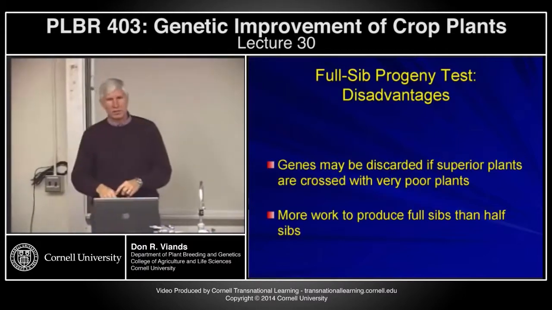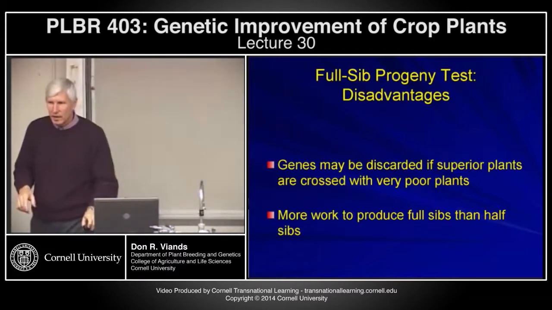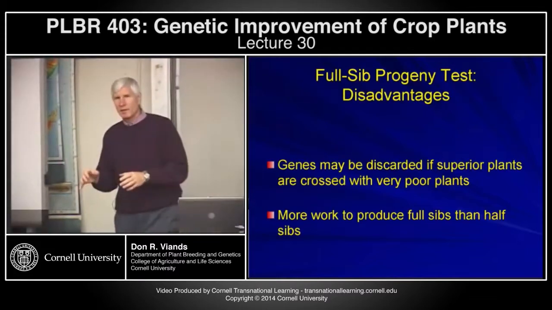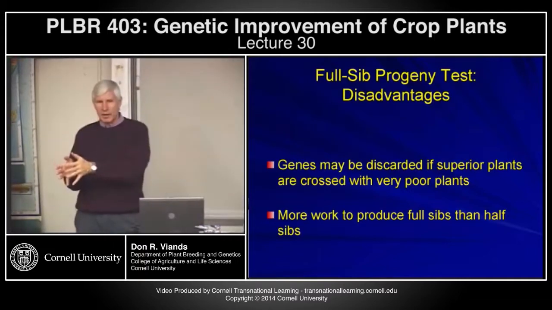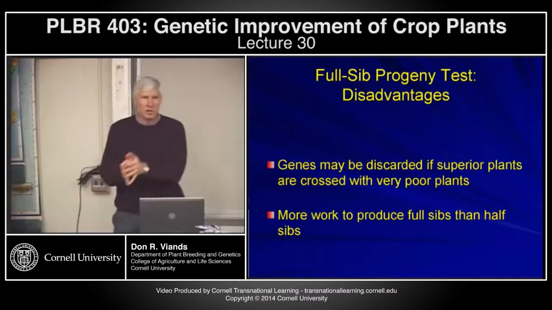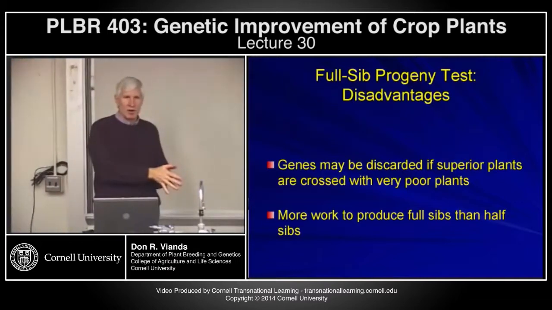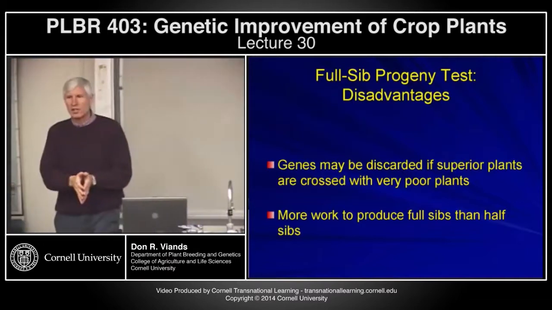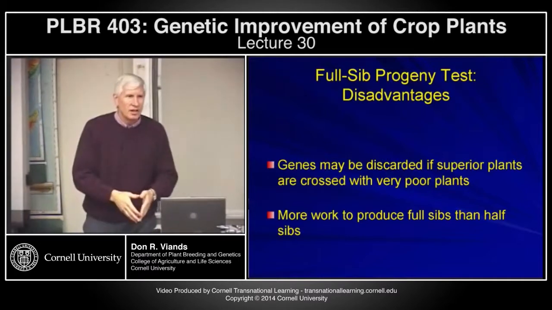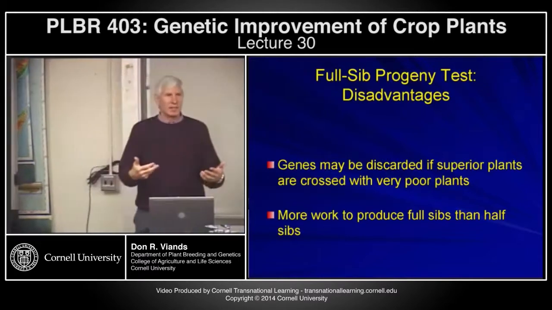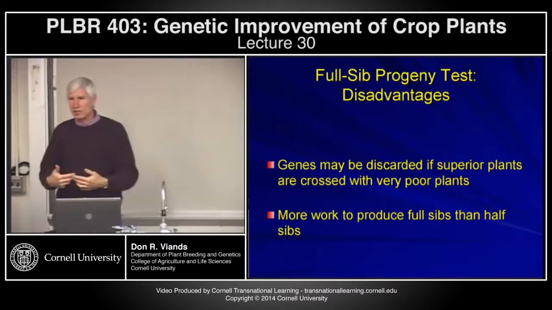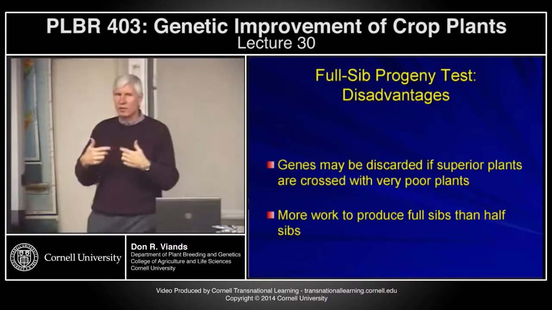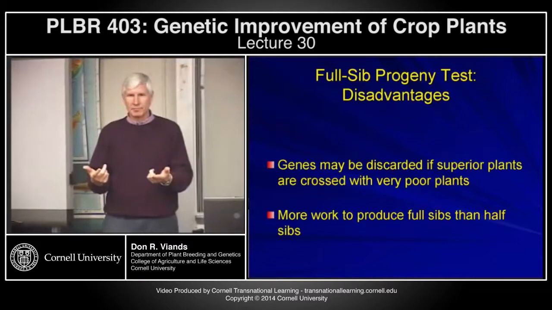Okay, disadvantages. When you do a full-sib progeny test, what would happen if you had a really, really good parent plant, genetically, that happened to be crossed with one that was not very good at all? The full-sib progeny would probably be mediocre. You might not select it. So there is a chance that you could be discarding some really good plants genetically.